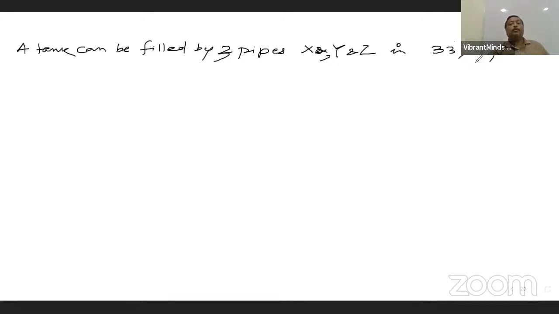A tank can be filled by 3 pipes, X, Y, and Z, in 33, 11, and 22 minutes respectively.